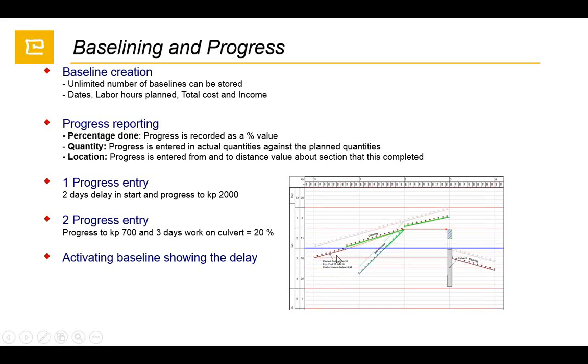The remaining part can be replanned and calculated based on the existing progress. We can have a simulation of when the activity is going to complete, which I am going to show on the system directly.